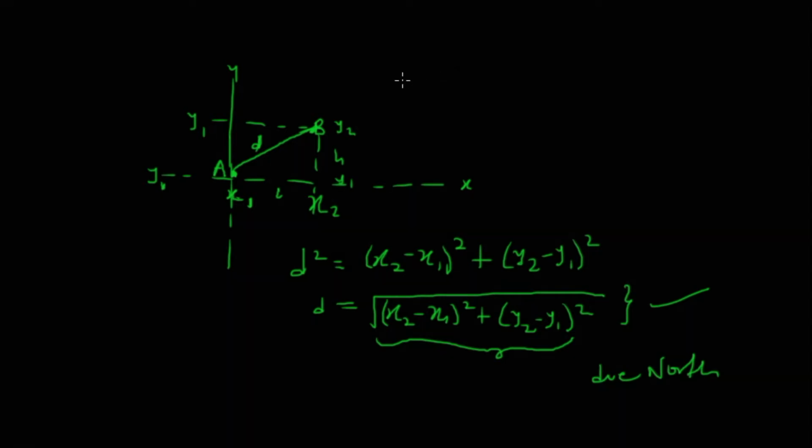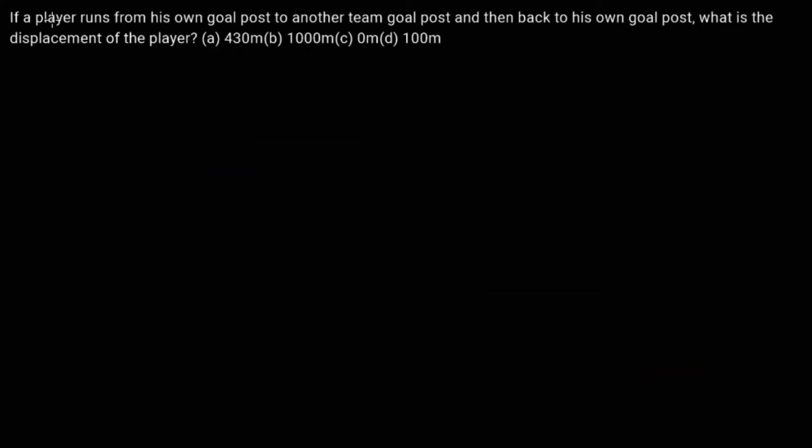Now let's solve this practice problem. If a player runs from his own goal post to another team's goal post and then back to his own goal post, what is the displacement of the player? Displacement is a vector quantity. Let's say that this is the goal post and this is the second goal post.